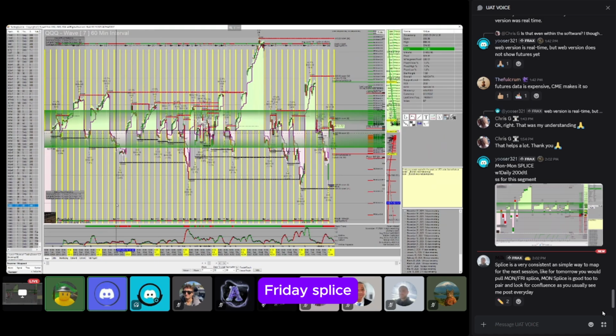Would the Monday-Friday splice be useful in this scenario? You can, yeah. You can do Monday, Friday too, and see what those pairs are looking like.